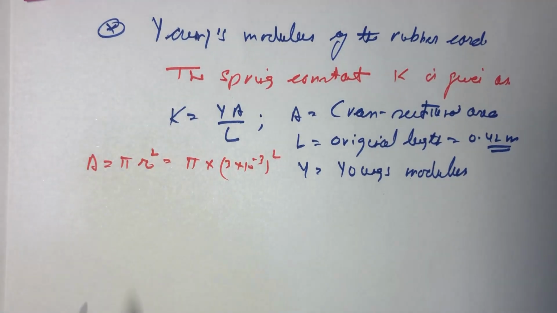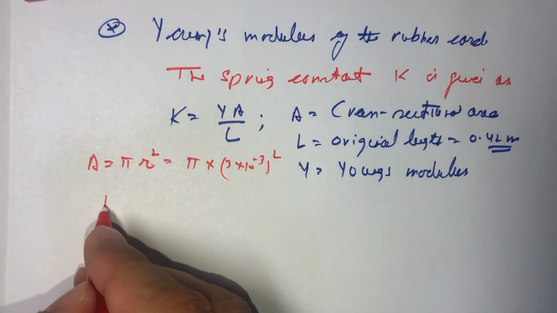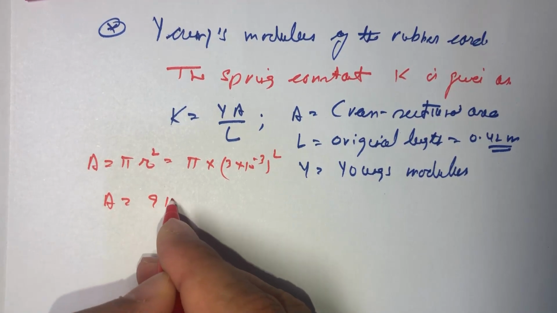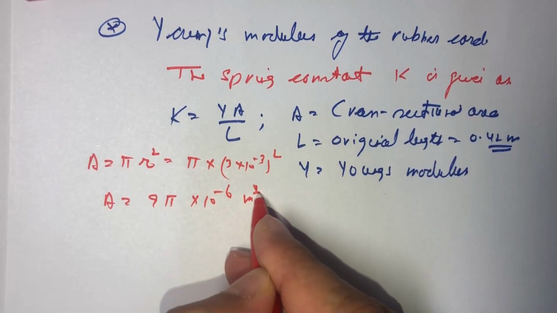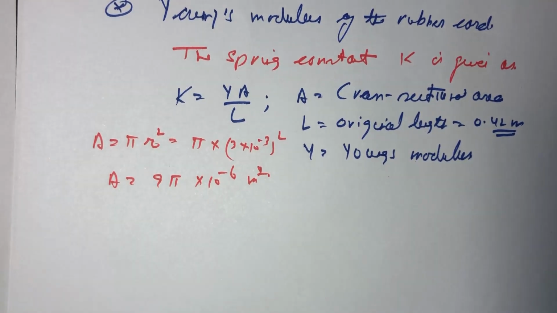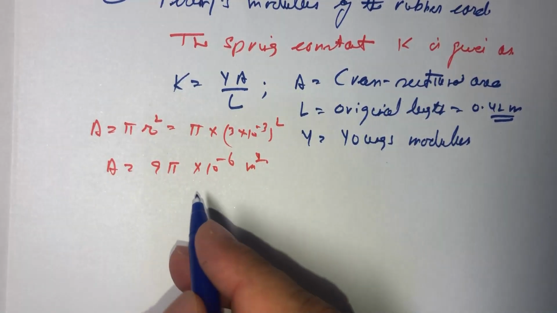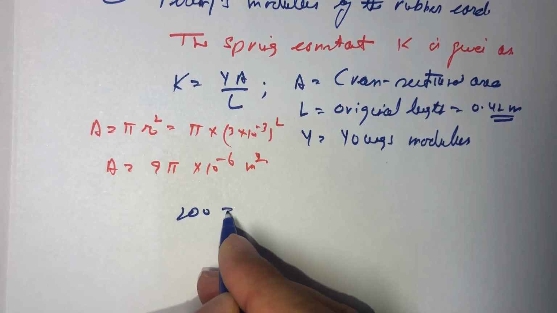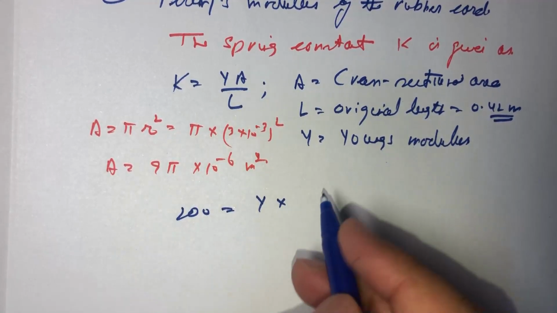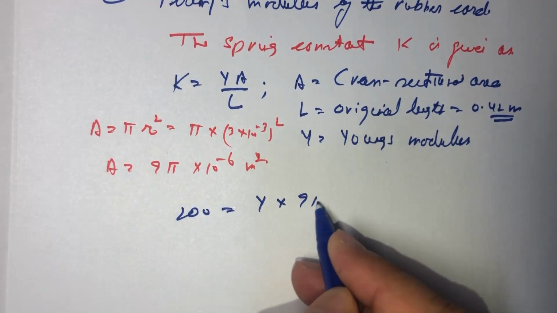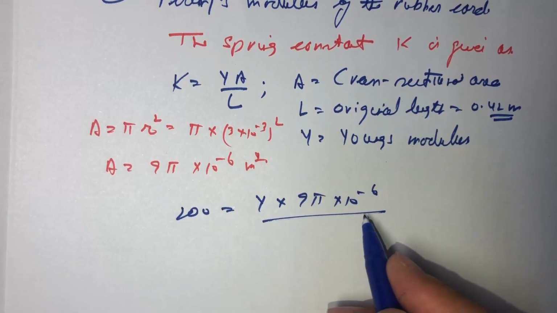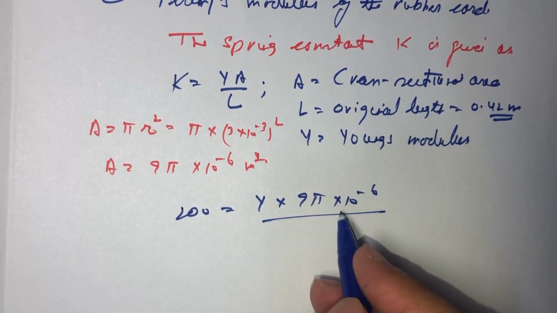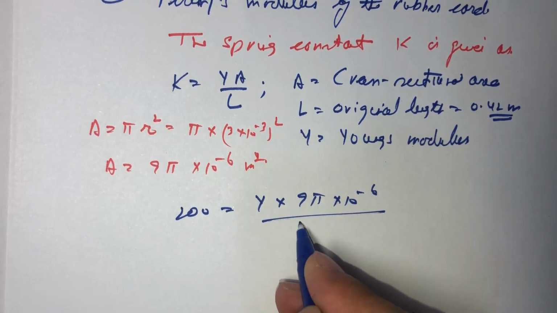So we get the area will be equal to 9 pi into 10 to the power minus 6 meter square. Now simply substitute the values. K we got as 200, Y we are supposed to find out, area we got as 9 pi into 10 to the power minus 6, and length we also know is 0.42.